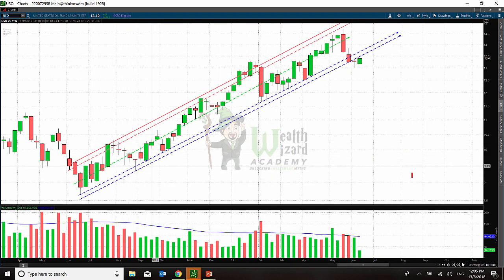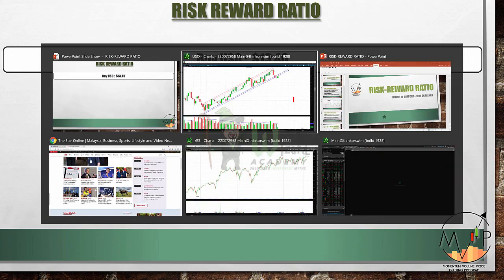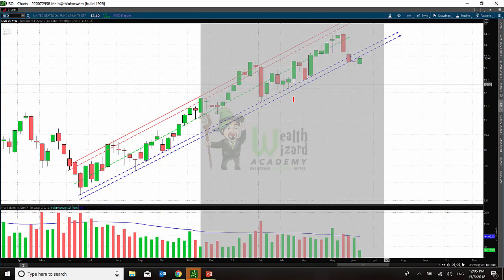So you still have all those channels, but slightly narrower. Remember, the value riding strategy always has a much narrower channel. So we are here right now. Let's assume we are going to buy it at $13.40.